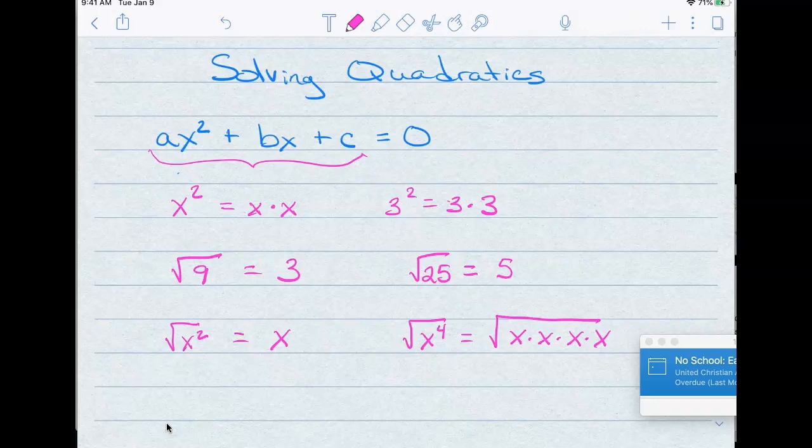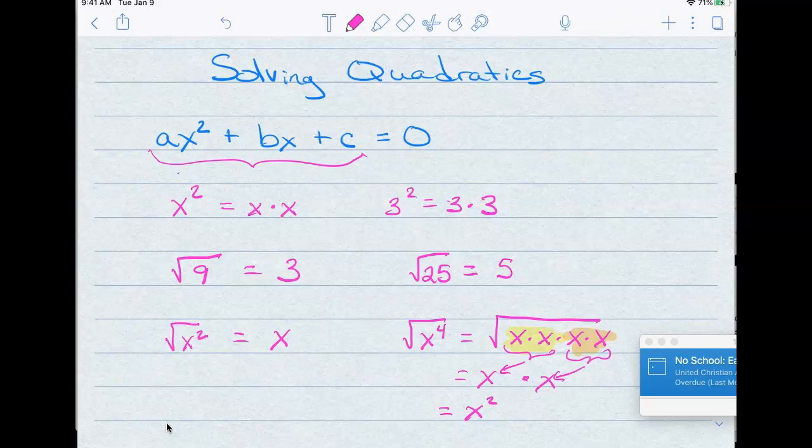If you look at this, we've got x times x here. That would be something that could get pulled out. We also have another set of x times x right next to it. So that means the square root of x to the 4th is x, because we took this x out, times x, or simply x squared.